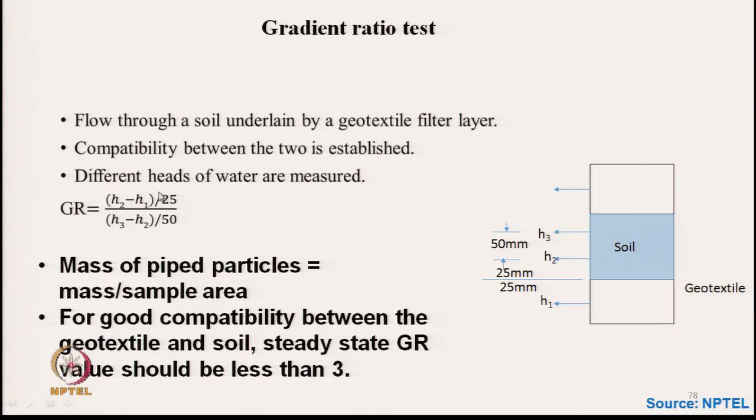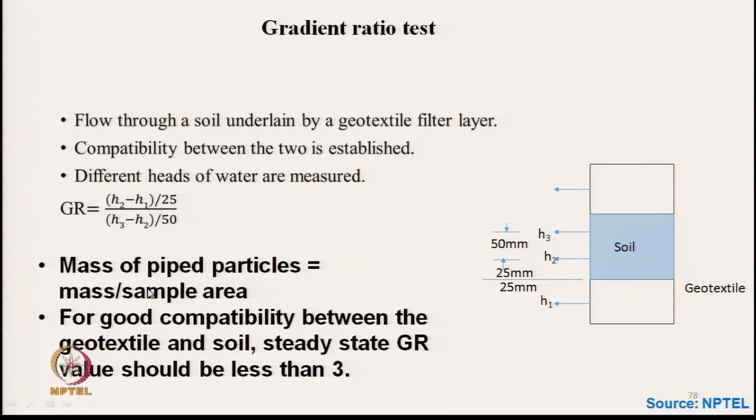So, different heads of water are measured and the ratio is the gradient ratio GR, which is H2 minus H1 divided by 25. Why is it 25? Because only 25 millimeter of soil is used here, divided by H3 minus H2 divided by 50 millimeter of soil.